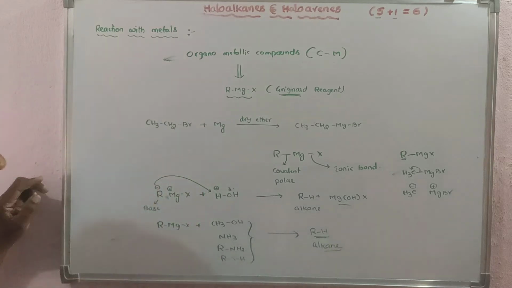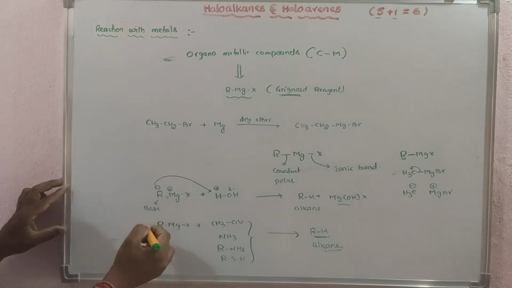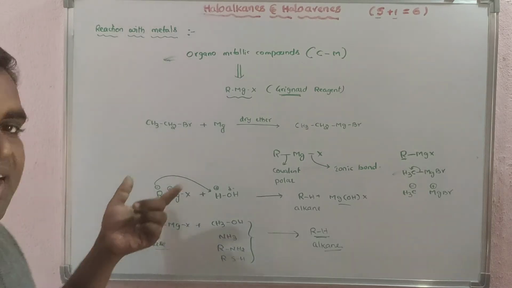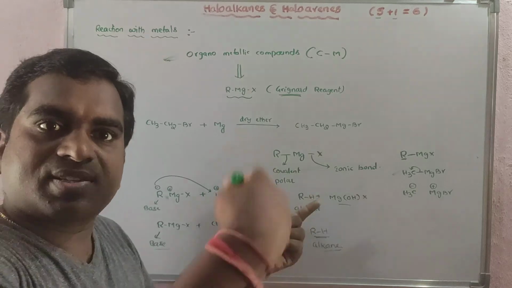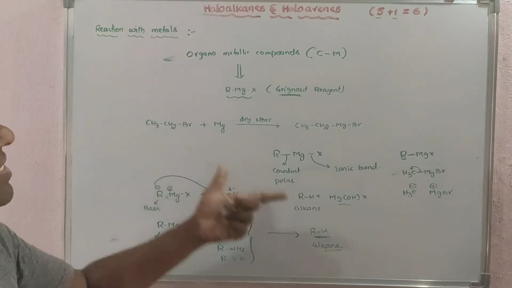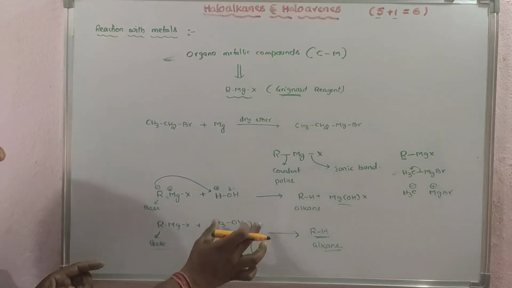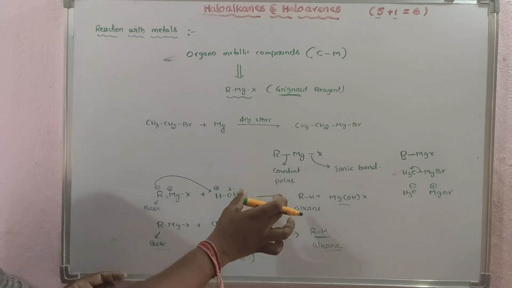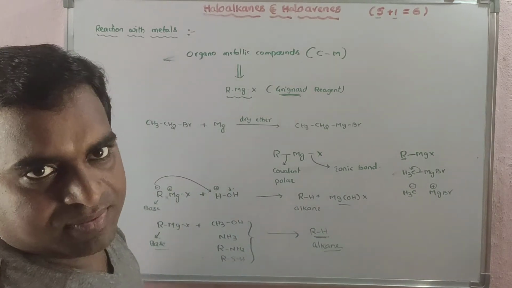Remember this one. In this case, the alkyl group of the Grignard reagent acts as a base. It can act as a nucleophile also, but that we will discuss in the next topics. Clear? This is a very good method to convert alkyl halides into alkanes.